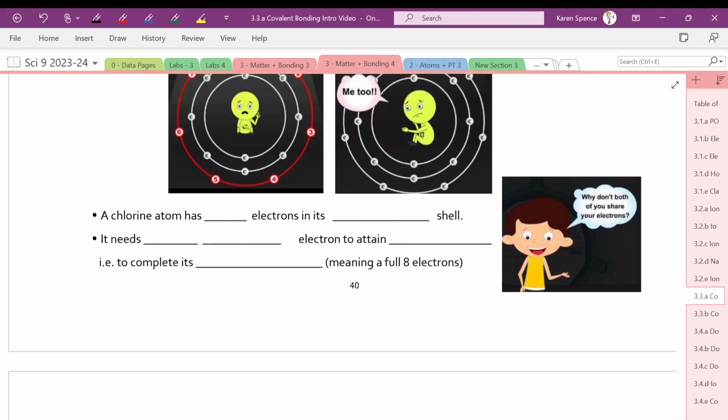Yes, it needs one more electron to attain stability, to complete its octet.